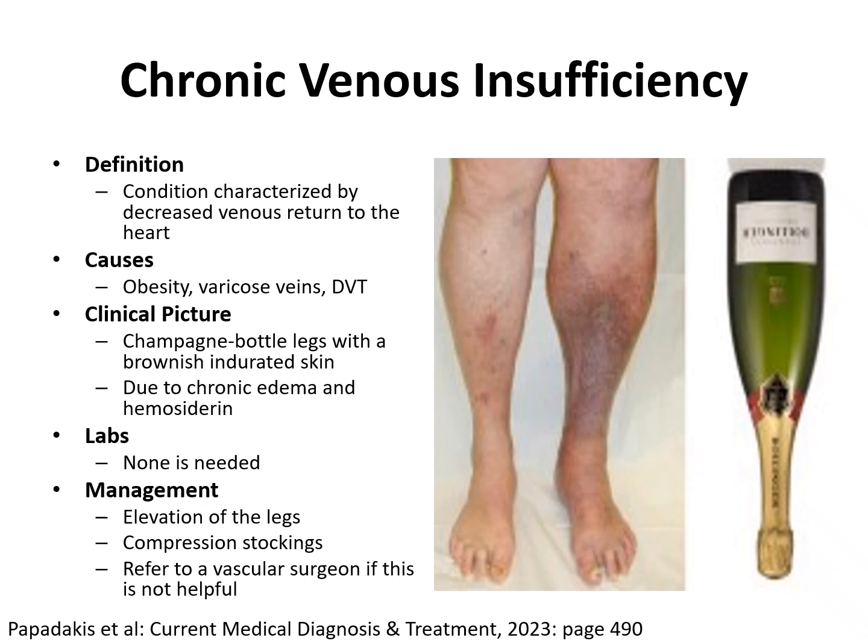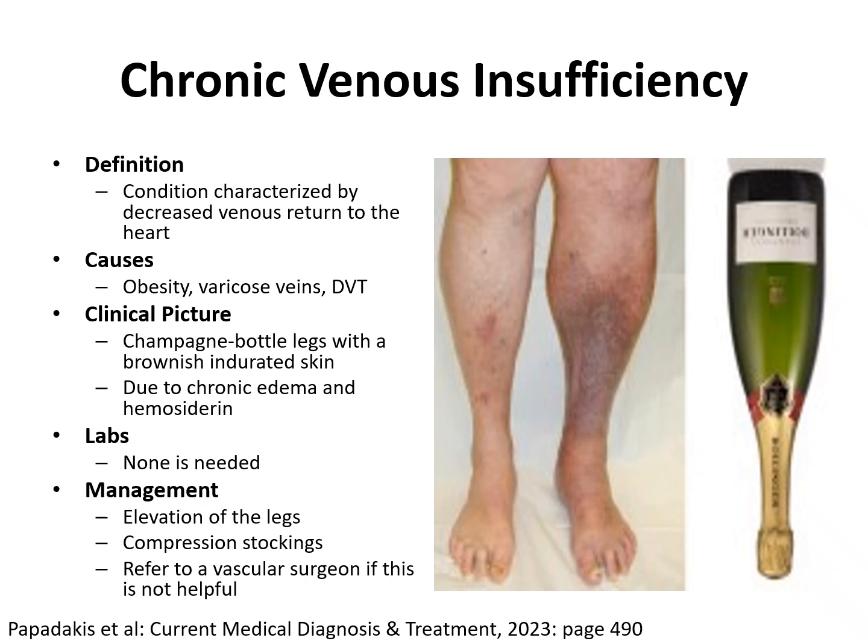So the induration is due to chronic edema, and the brownish discoloration of the indurated skin is due to hemosiderin. Hemosiderin is the brown pigment that is released from dead, ruptured red blood cells. And often there might be varicose veins associated more on the side with the chronic venous insufficiency. I said it's often bilateral, but sometimes it could be worse in one leg.